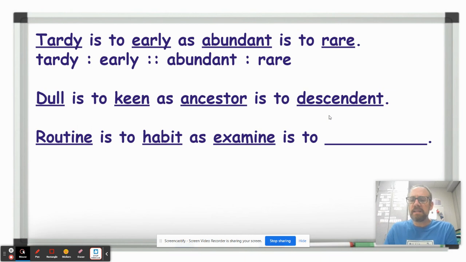All right, so let's take a look at these and think about this combination of words and see what might be the best to fill in the blank here. So I have routine is to habit, as examine is to blank. Take a moment, see if you can figure out the relationship between the first set of words to see if you can come up with a word that might work here.